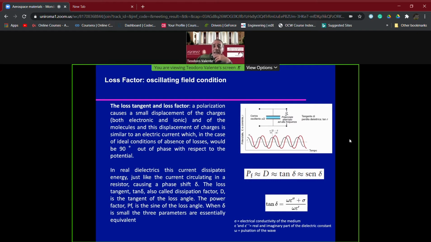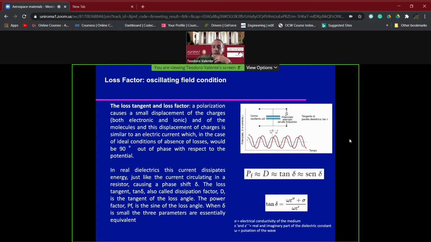And in the case, as in this one, of oscillating field conditions, we can define the tangent of the phase shift delta with reference to the dielectric properties of the materials.